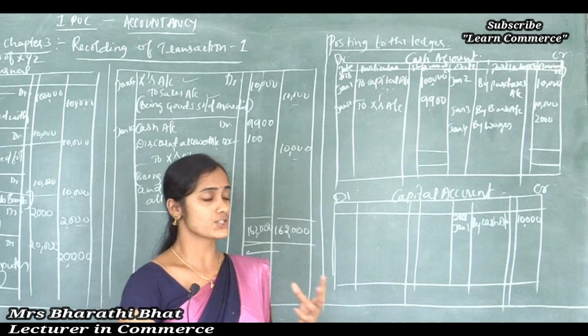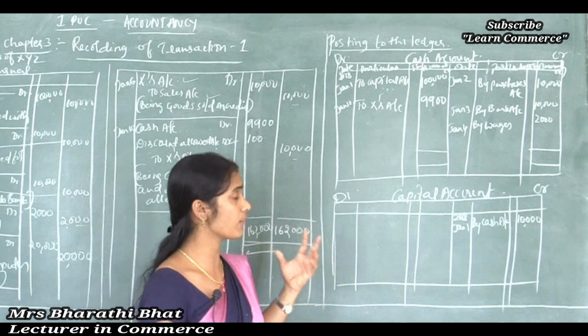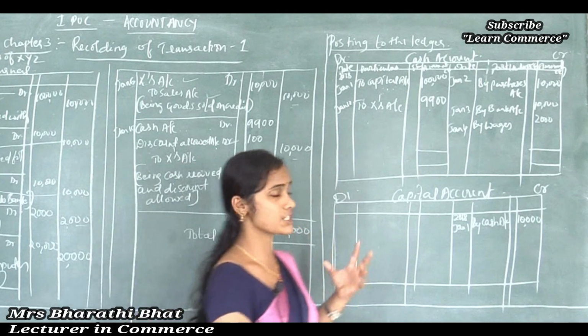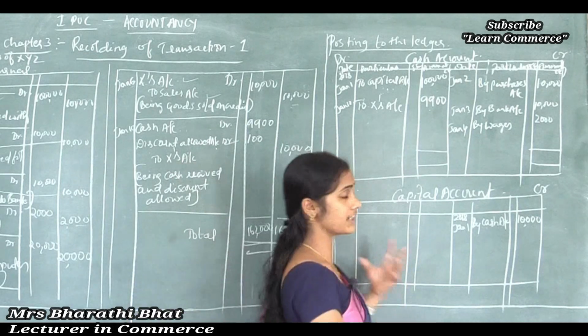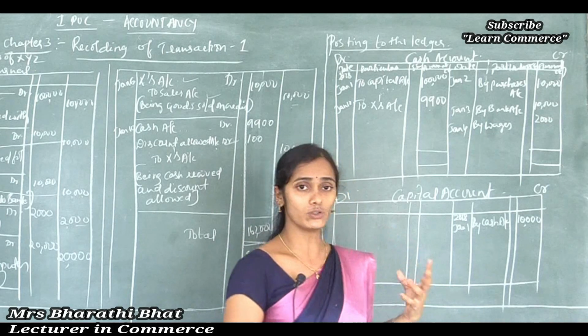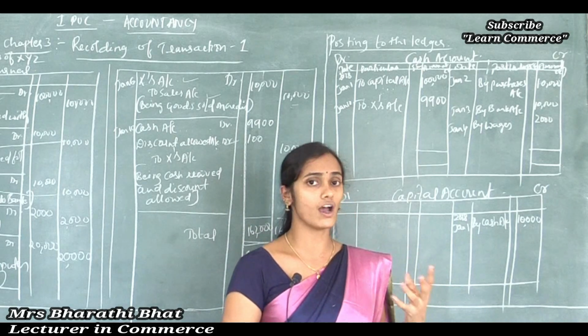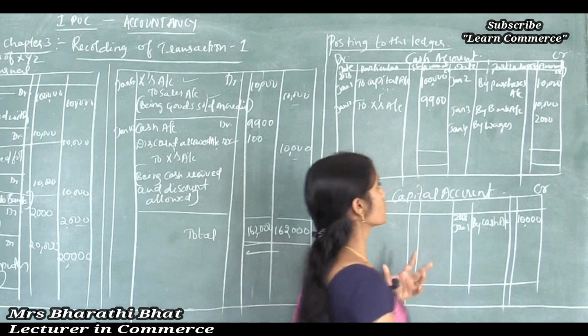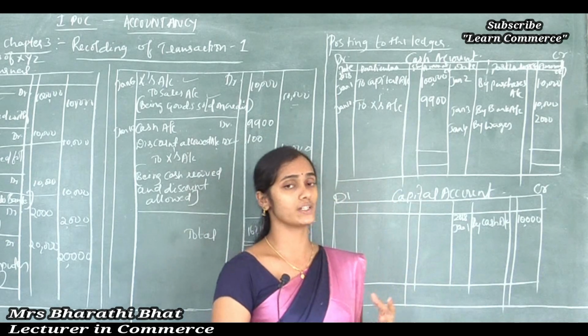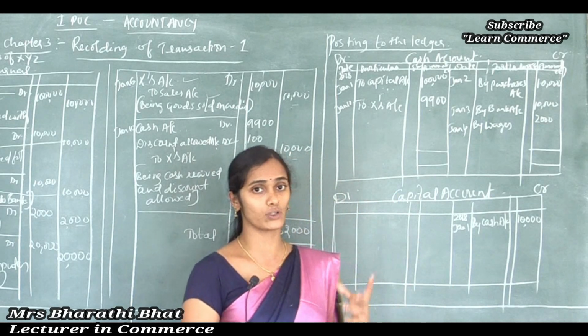So for that reason I will tell you how to balance the accounts. Just for additional knowledge, we need to know what is balancing and how to balance the accounts. When balancing the accounts, we need to write the greater amount on both sides.